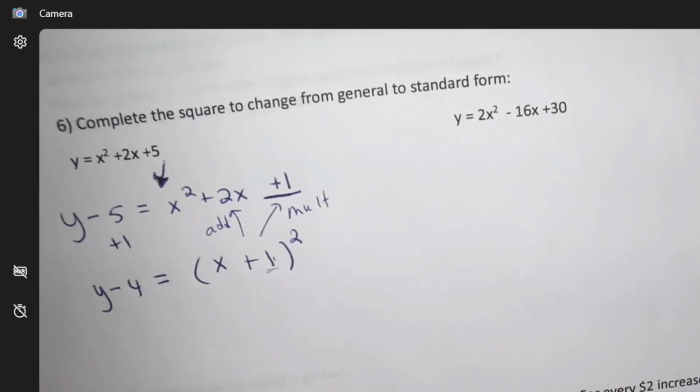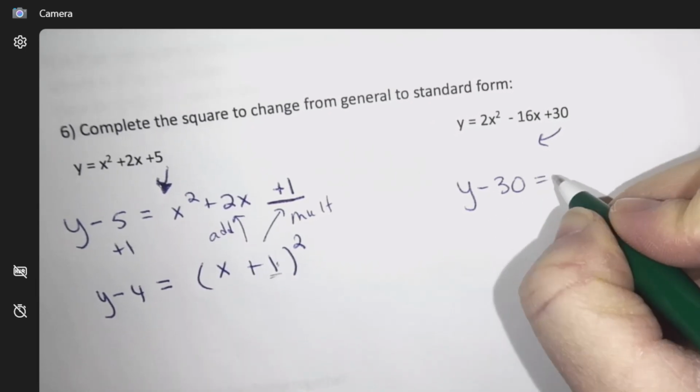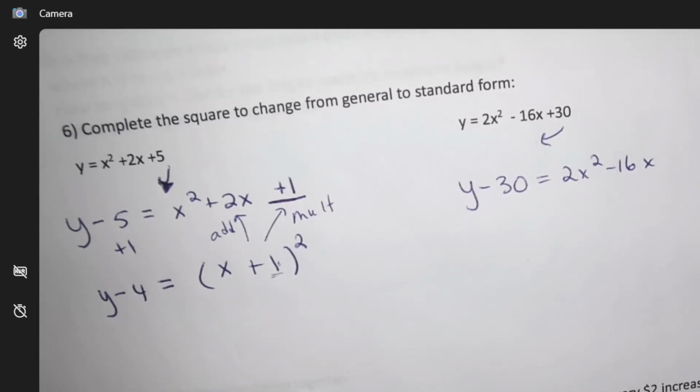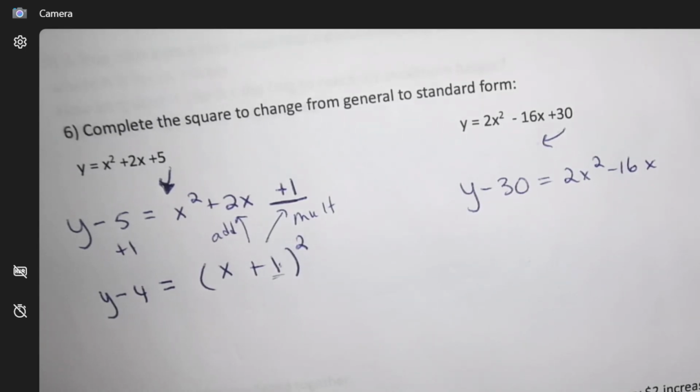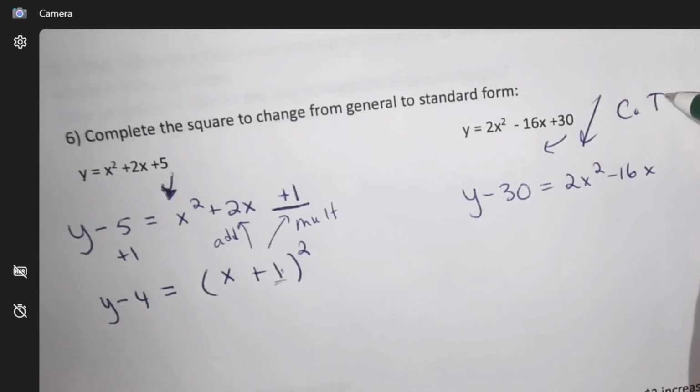Okay, so here we go again. Y subtract 30. Okay, I am not going to complete the trinomial here. Why can I not do the trinomial stuff right now? Because it is a complex trinomial.